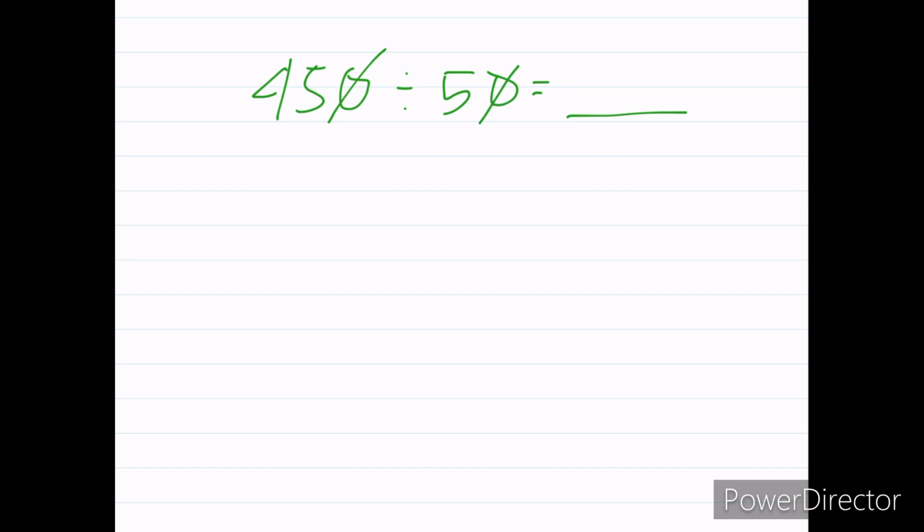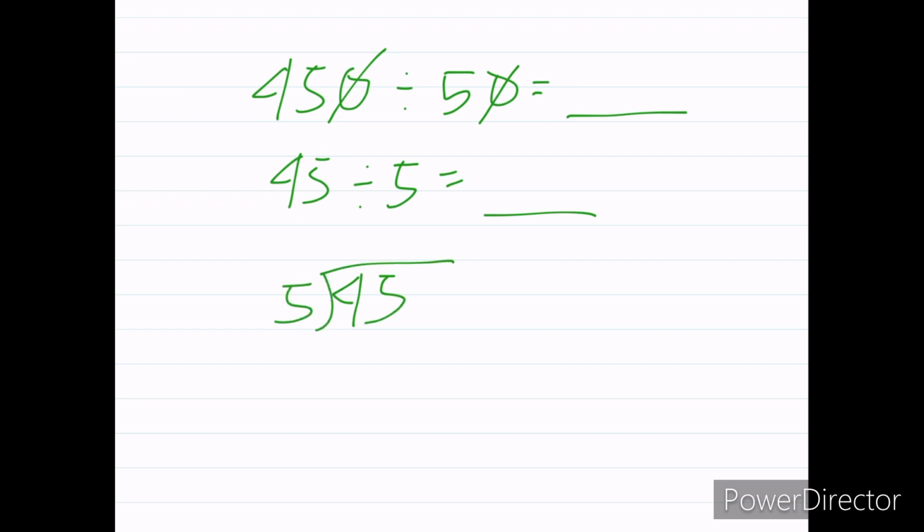Then divide the remaining numbers. So 45 divided by 5 is equal to blank. How many 5s are there in 45? Of course, the quotient is 9, because 9 times 5 is 45. So the correct answer is 9. So 450 divided by 50 is equal to 9.